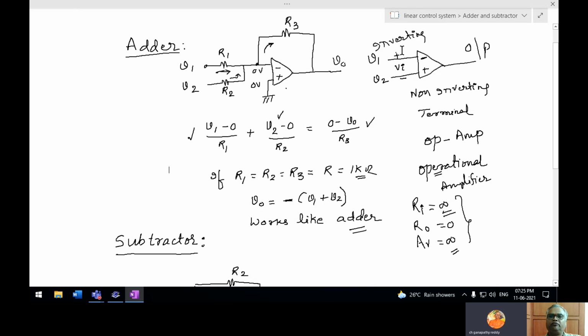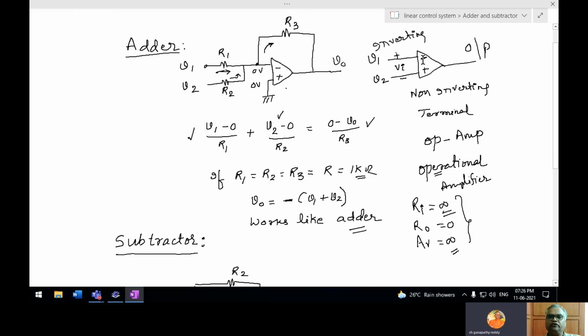Why is the inverting terminal called inverting? Whenever a source V1 is applied to the negative terminal, the output will be negative, inverting. If the source is connected to positive, the output will be positive only, so non-inverting.